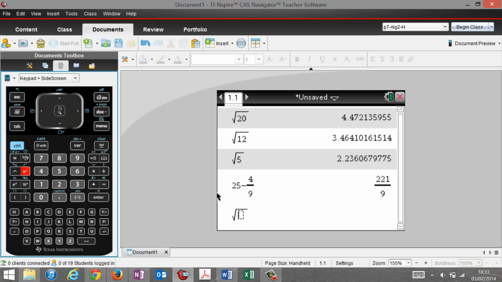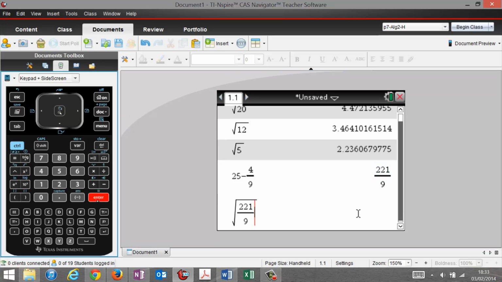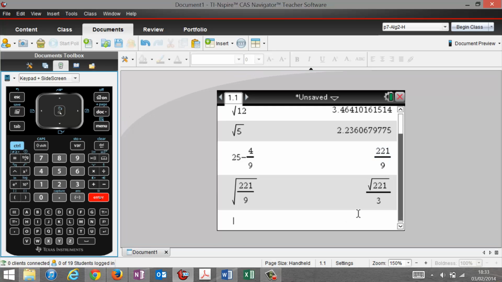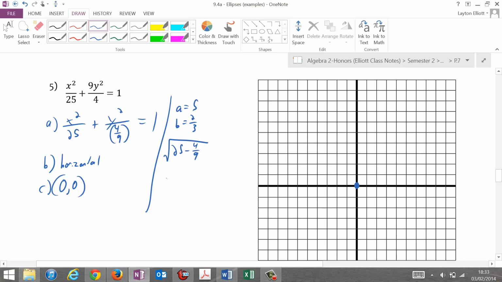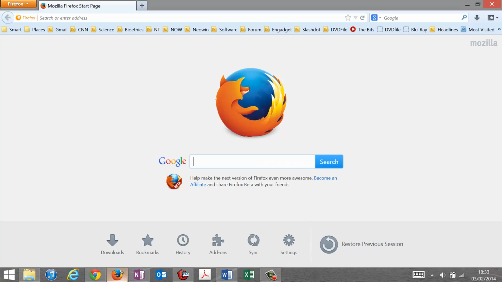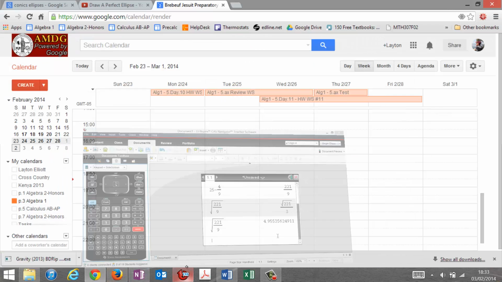And if I do a radical of that, boom. Yep, calculator will let me do that, and then I'll get an approximation of that. Almost 5.0, but 4.96. So this ends up being, C is radical 221 over 3, or approximately 4.96.